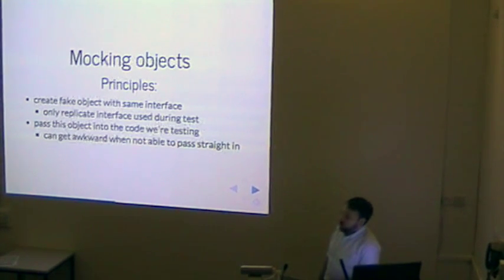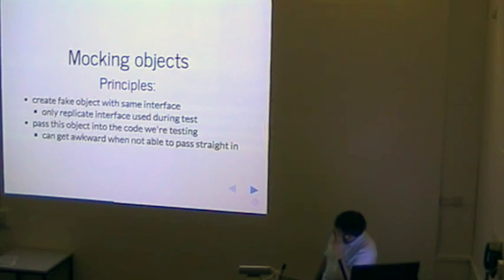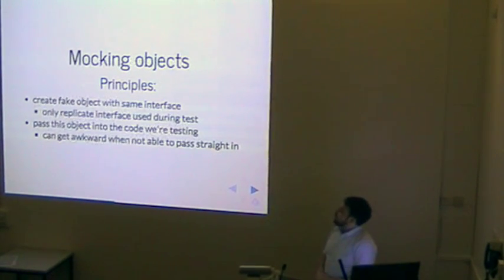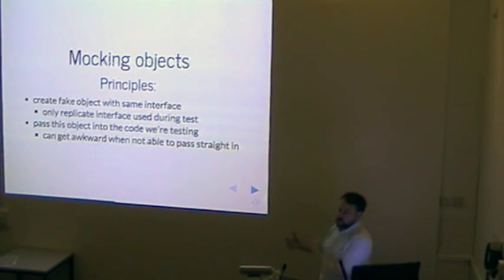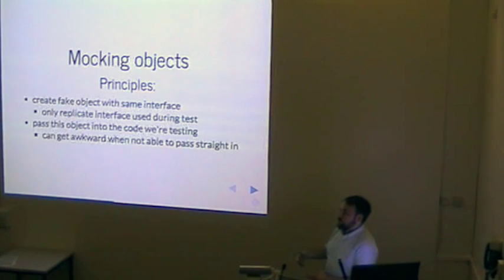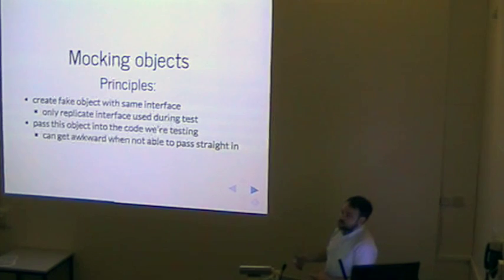It can get a bit awkward if you can't pass it straight in. It depends what you're testing. In the simple example earlier, the unit test, you can pass the fake object straight in. If the object is part way through the code, it can generate it itself, or it can get it from another dependency.